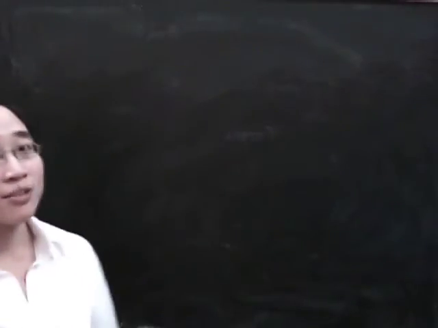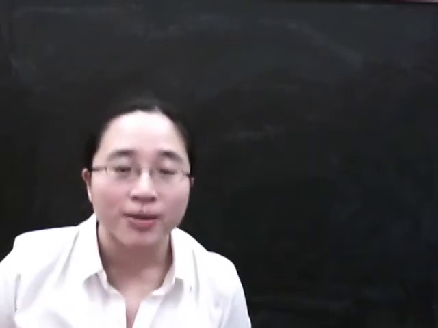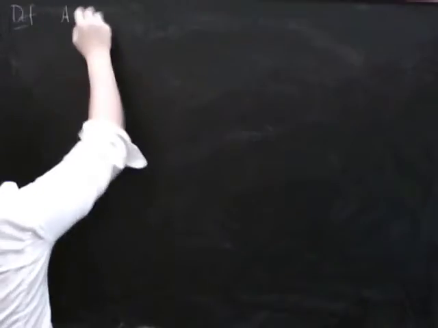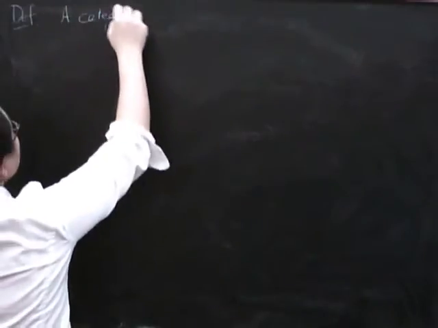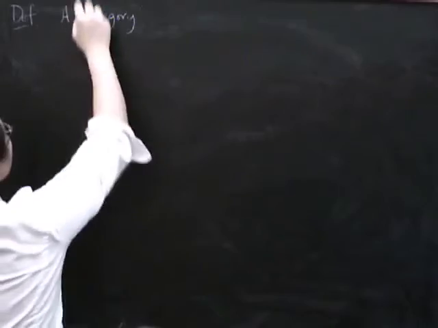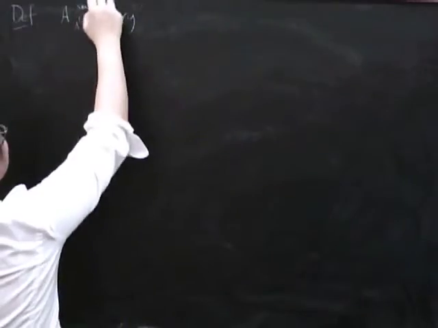Well, first of all, let's remind ourselves what a category is. Now, you might think this is a bit strange, since we all know what a category is, but it can be useful to think about it in a particular way so that the generalization looks particularly natural. So here's the definition of a category. I'm going to do small categories because I want to use the word set all over the place.